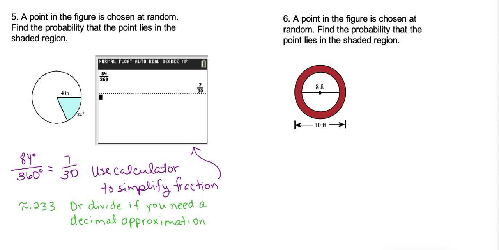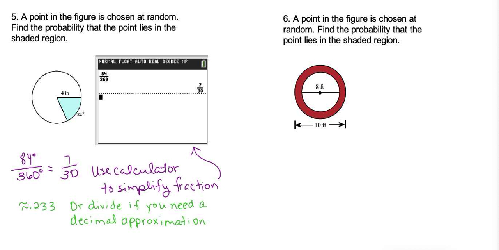Now that's if you want a fraction answer. If you just need a decimal approximation, you can divide 84 by 360, or 7 divided by 30. Either way, you're going to get a decimal that rounds to 0.233. And that's the way I believe it asks you to do it on the problem that I've asked you to work.